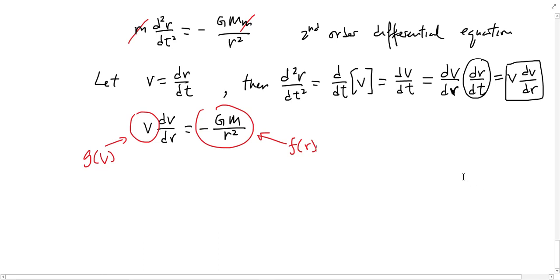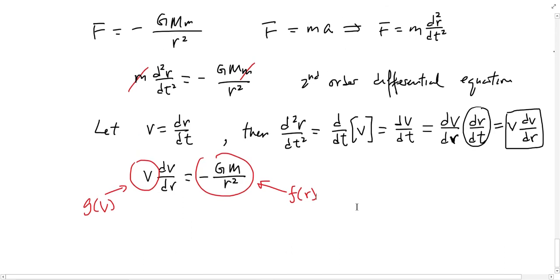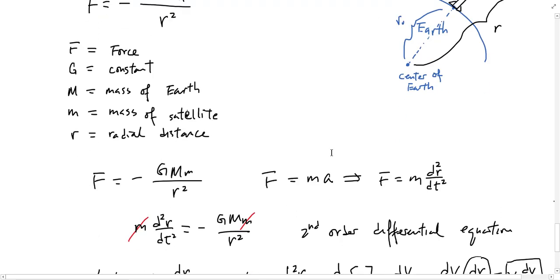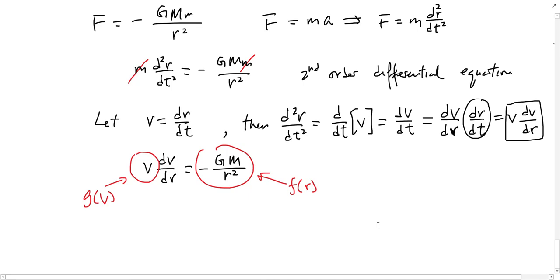So now I can actually just form this integral. Now, because I'm looking for what's happening from this point, which is our initial condition, r sub 0, v sub 0, I'm going to do things slightly differently and form this differential equation as this.